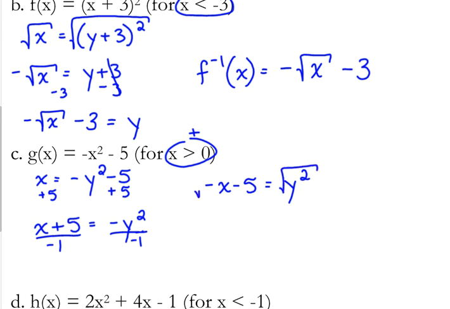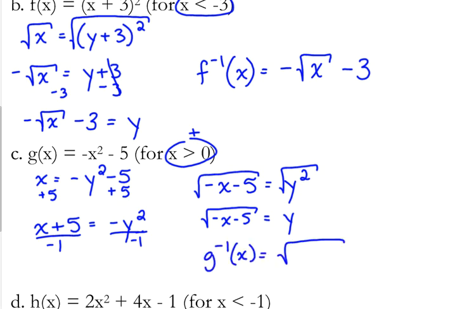Then we take the square root of both sides, and we consider the positive because it said x was greater than 0. So g inverse of x is equal to the square root of negative x minus 5.